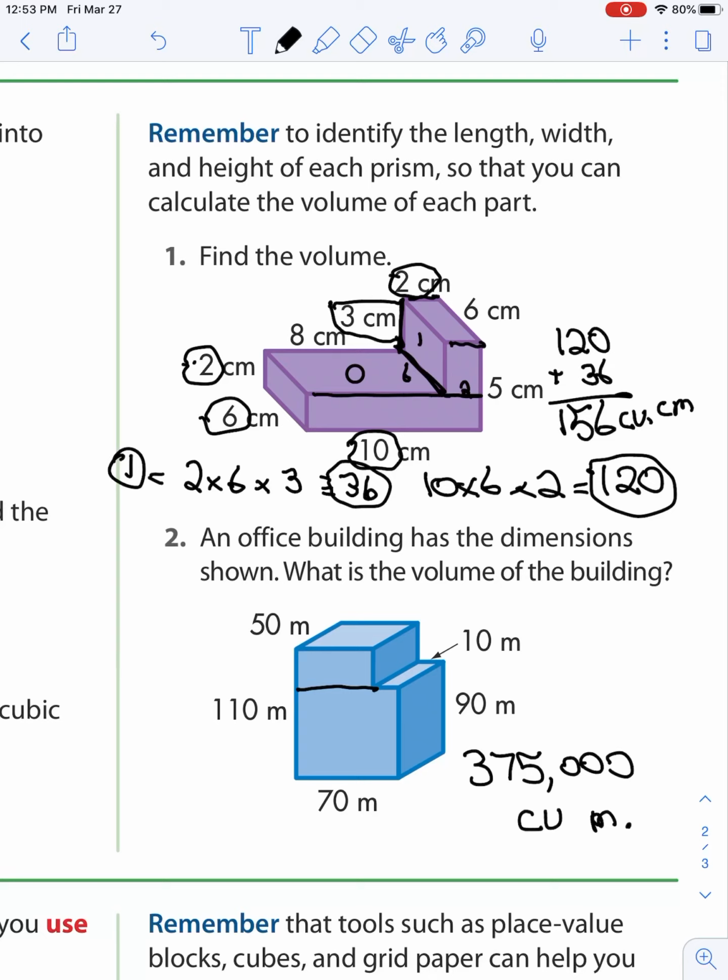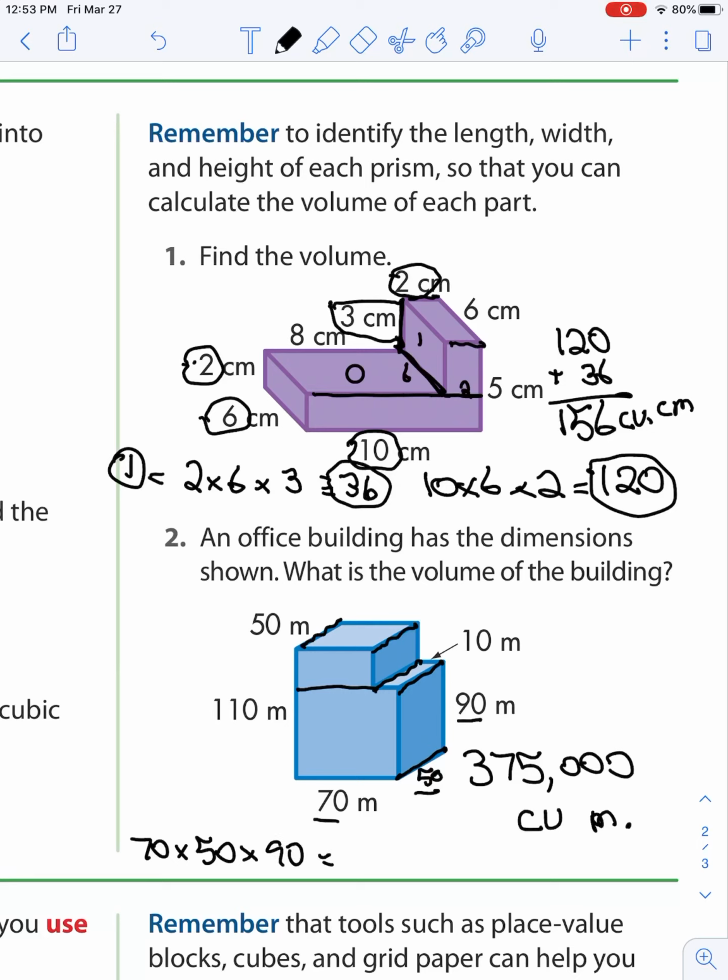We know that 50 is this length, this length, this length, everything that's opposite. So we know that this is 50. Once you know that, it's going to be 70 times 50 times 90.